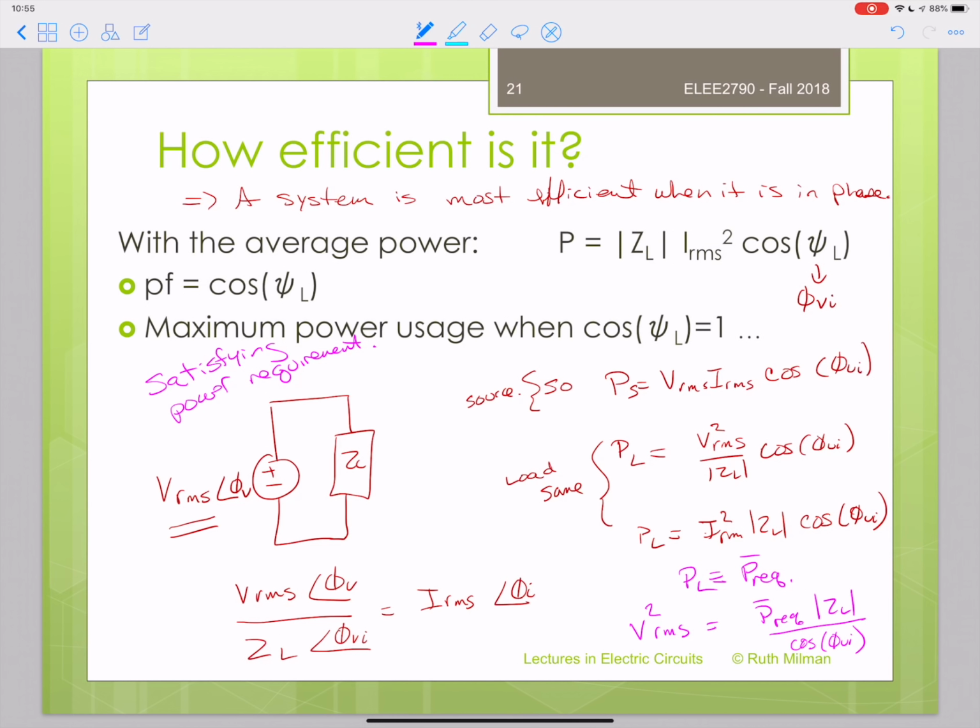And the punchline is essentially that the smaller that cosine is, the more out of phase those two signals are.